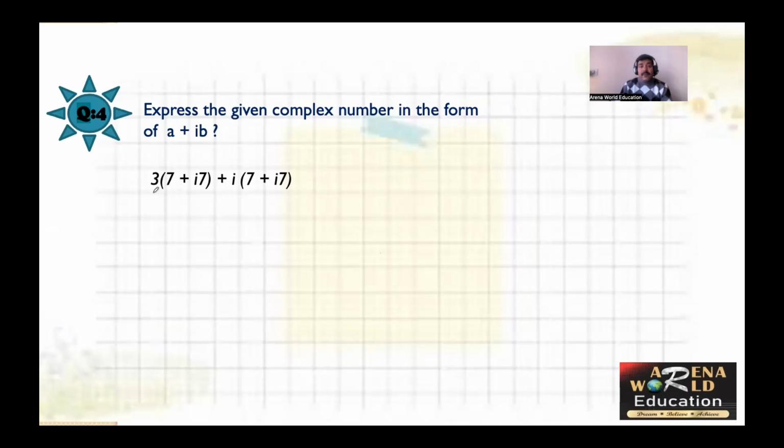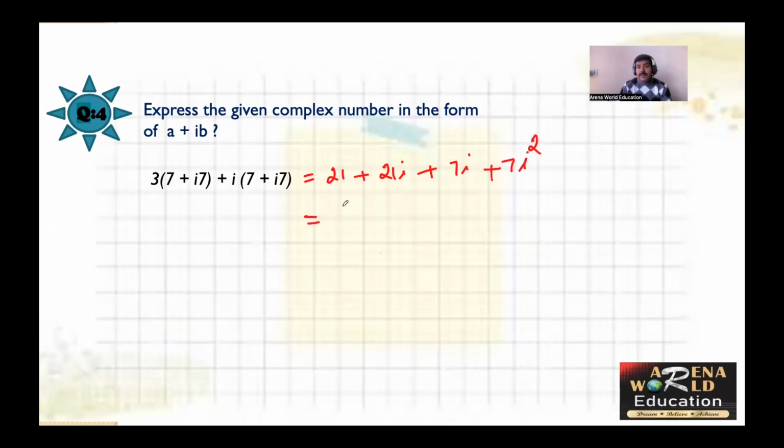So first of all, 3 into 7, that will be 21. And 3 into iota into 7, that will be 21 iota. Plus 7 into iota, that is 7 iota. Plus iota into 7, so that will be what? 7 iota square, right?